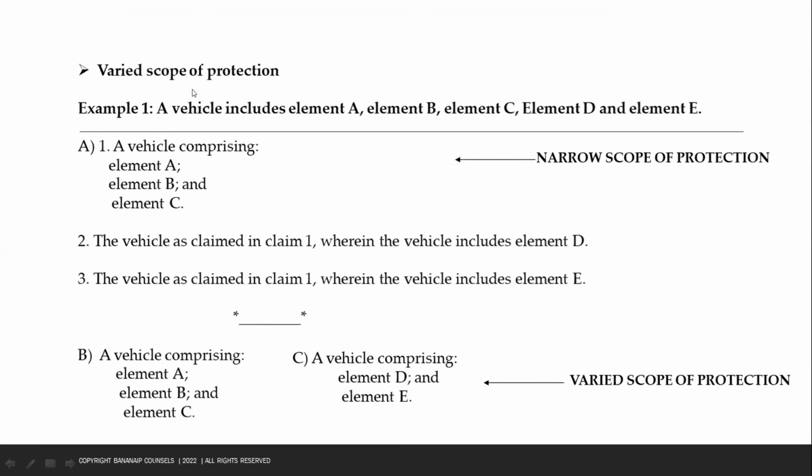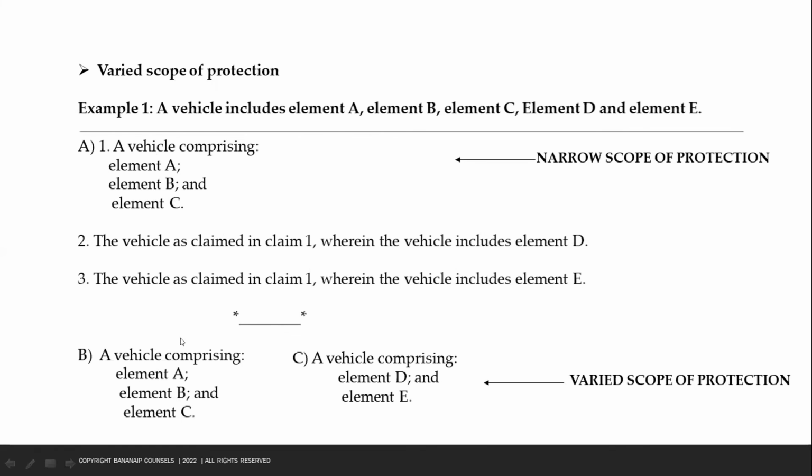Next is varied scope of protection. In the example, let's say the vehicle includes elements A, B, C, D, and E. If we draft an independent claim, a vehicle comprising elements A, B, and C, and elements D and E are claimed in the dependent claim, then if the third party wants to make use of elements D and E, and in the vehicle he does not have the element A, B, or C, or if there is a modification in that, then it will be easy for the third party to evade the claim.